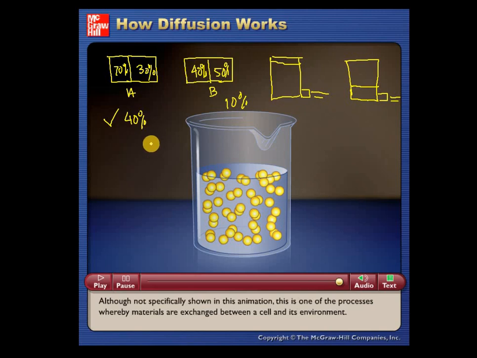Again, for temperature, the higher the temperature, the faster is the rate of diffusion. For the size of molecules, the bigger the molecules, the slower is the rate of diffusion. So inversely related. Dito naman, guys, pag mas malaki yung difference sa concentration gradient, mas mabilis yung rate of diffusion. Ayos ba? Okay, so paki-take note niyan, guys.